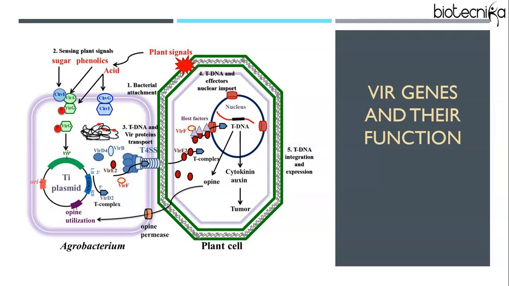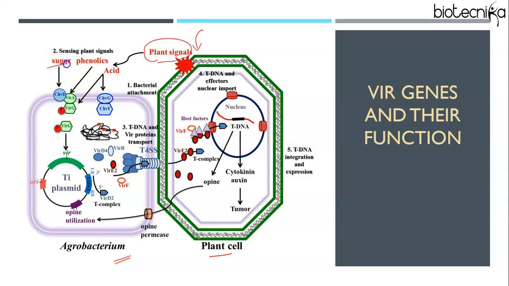So how exactly does this gene transformation take place? This is our plant cell and this is the bacterium. When the plant is injured, it will release some chemicals, and those chemicals are known as plant signals.